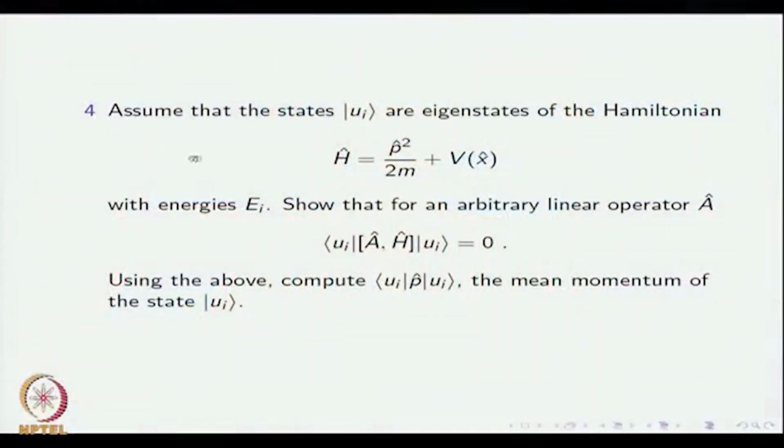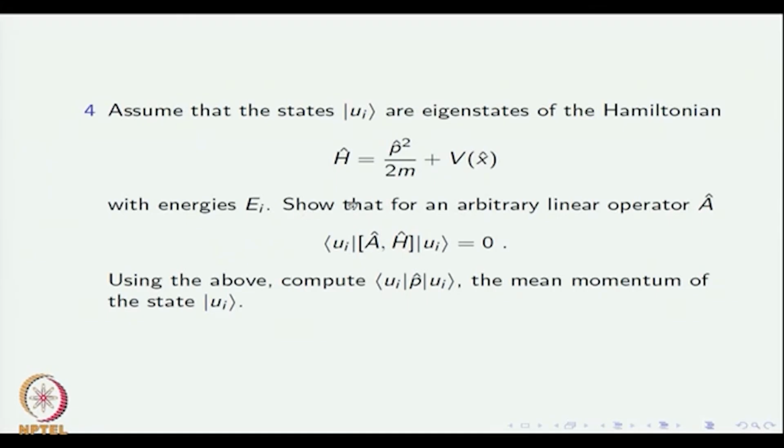In the 4th problem you have to assume that the states ui are eigenstates of the Hamiltonian. The Hamiltonian operator is given to you as p square upon 2m plus V(x). This is our regular way of denoting the Hamiltonian as the kinetic part plus the potential part, with Ei as the energies.